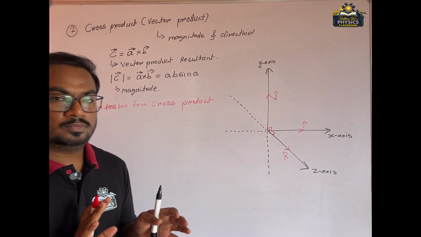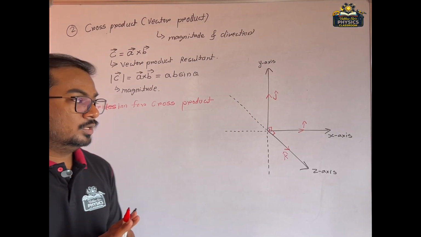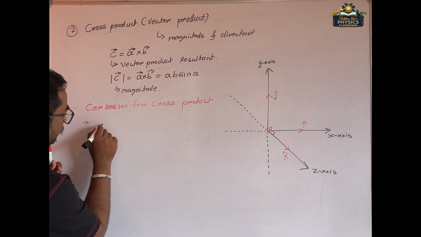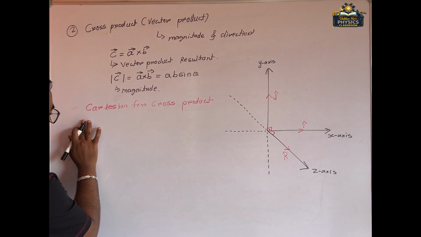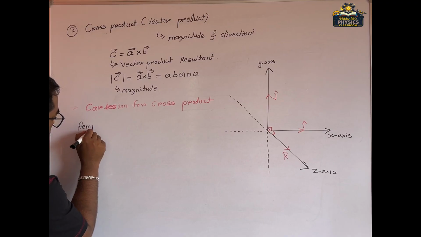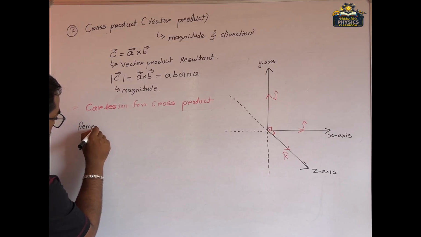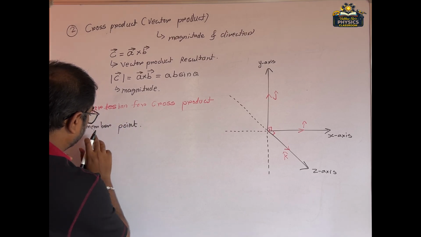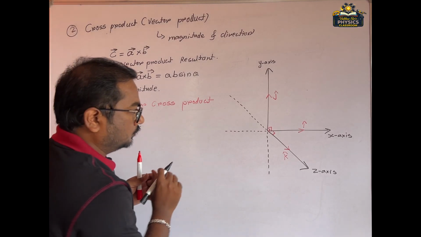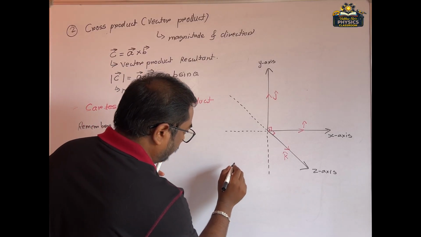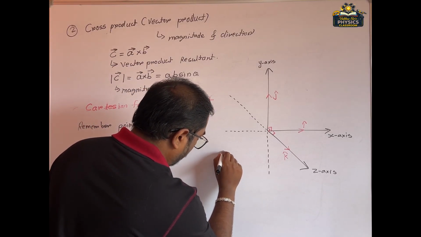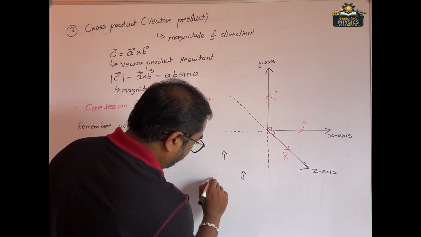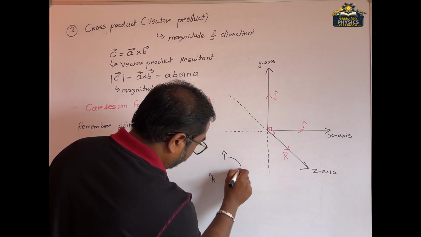So you have to remember the points. So I am doing a triangle of I cap, j cap, and k cap.